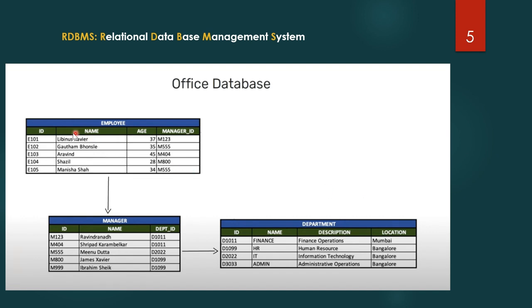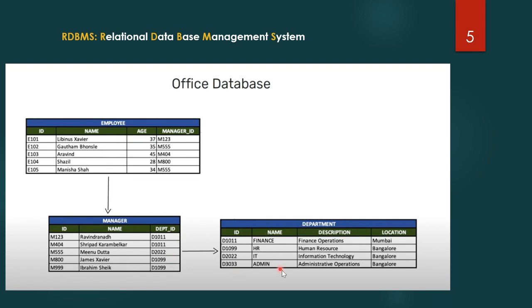For now, using foreign key and primary key, for example, the employee table has a manager ID. When you come to the manager table, you have a manager ID, a manager name, and department ID.